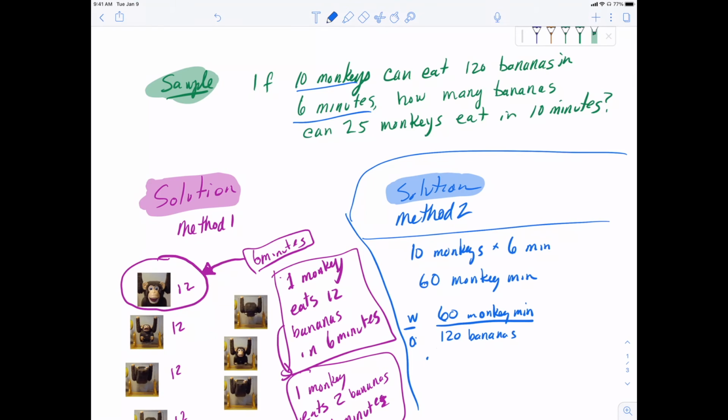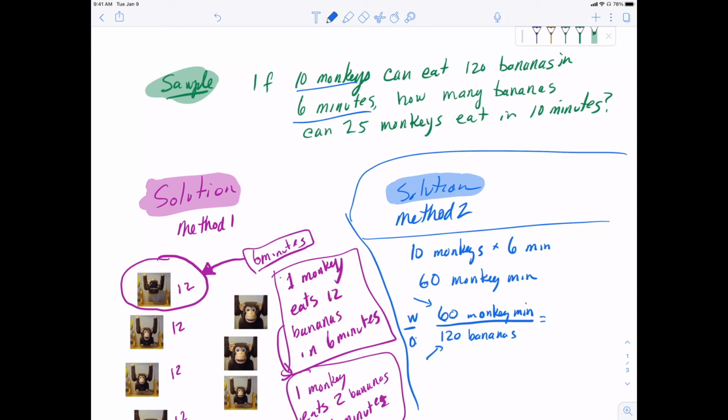So this is what they do, and this is the amount of work that they put in. Now we have this ratio that's always true. So how much work is done in the second example? We know that our work divided by our output is always going to be 60 over 120, or a half. Doesn't matter what the second part of the question is asking. It has to equal a half.